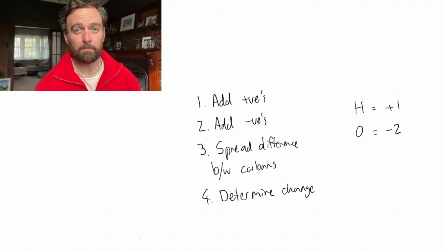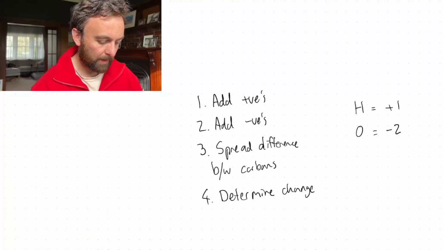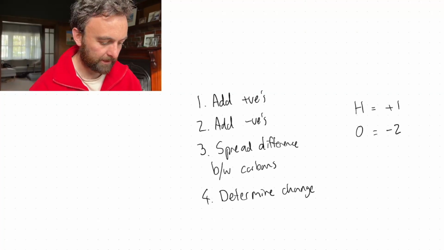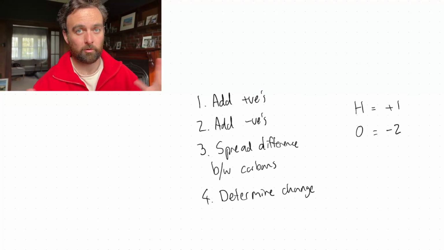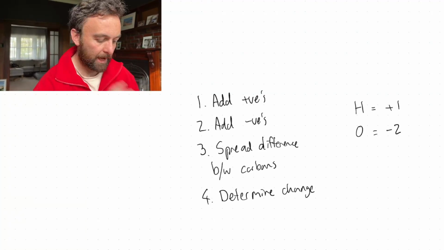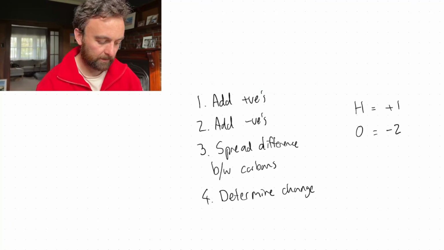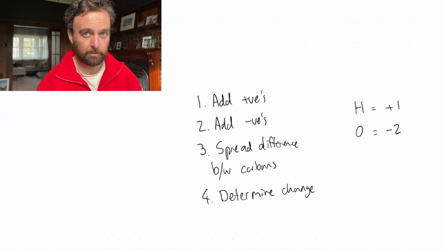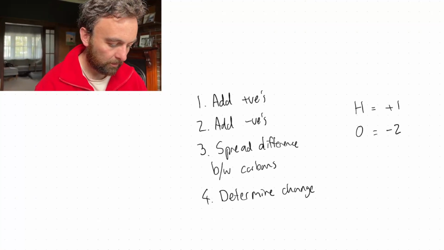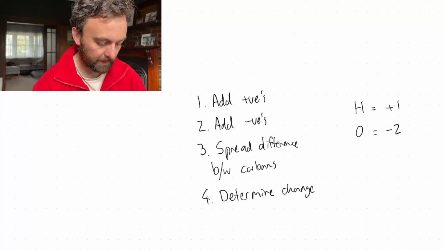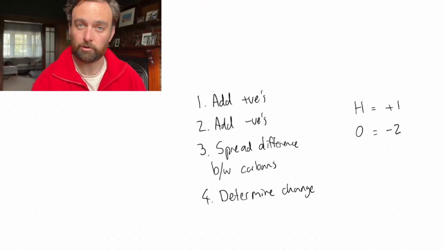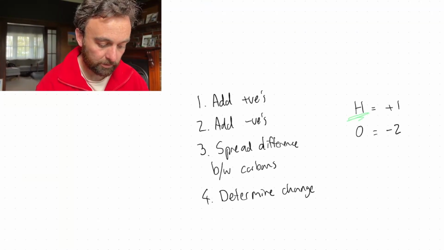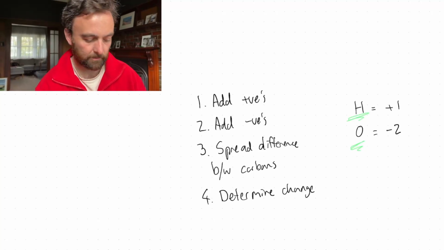So I mentioned I had a better way to determine if it's oxidation or reduction. Basically, we're going to draw out our molecule, add all the positive things and all the negative things, and then spread the difference between the carbons. I'll go through an example in a second, but really the only examples I've seen are hydrocarbons, so these have hydrogen, oxygen, and then carbons as well.